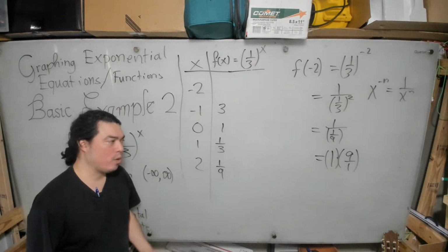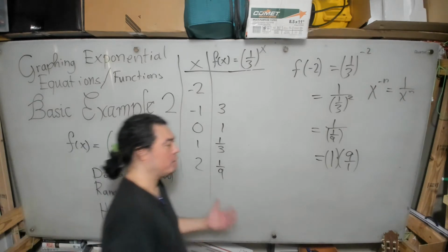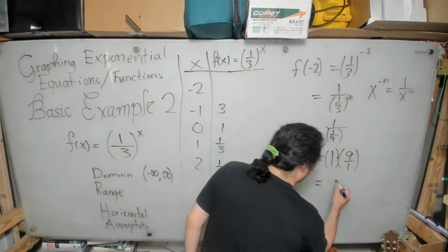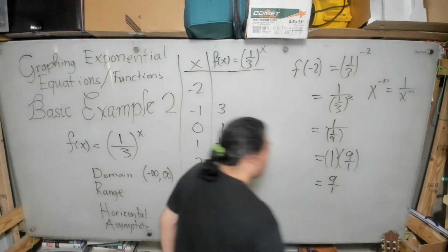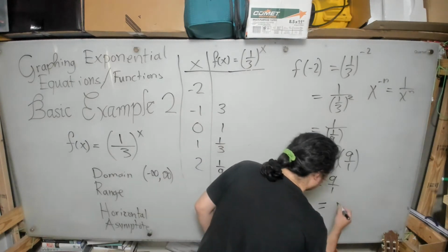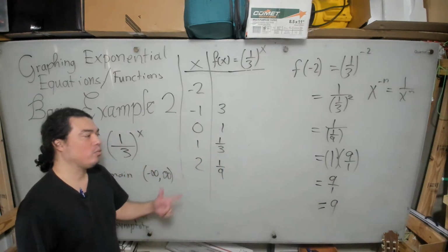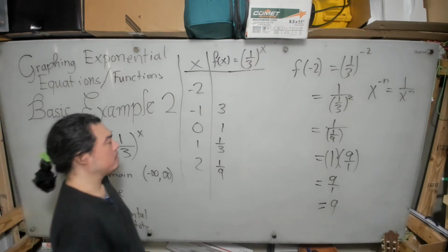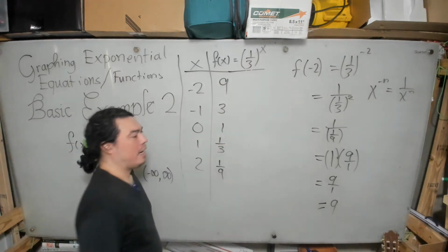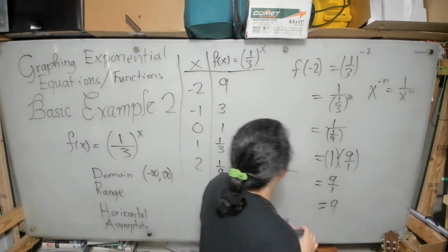Well, we know that 1 times any number is that number. So 1 times a is a, 1 times 2 is 2, etc. Here, 1 times 9 over 1 is 9 over 1. And then we look at this fraction, 9 over 1, and we ask ourselves, what is it? It's just 9, because the fraction whose denominator is 1 is equal to the numerator. So here, 9. And now, from this, we can start to see some of the behavior of this function.